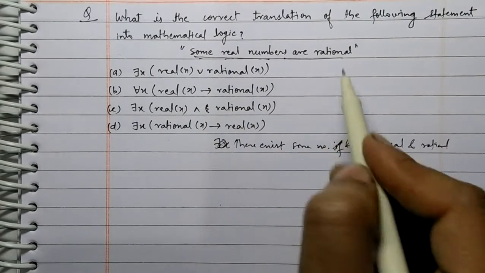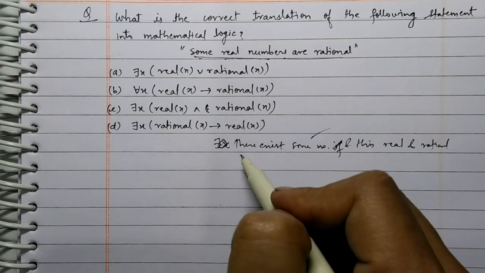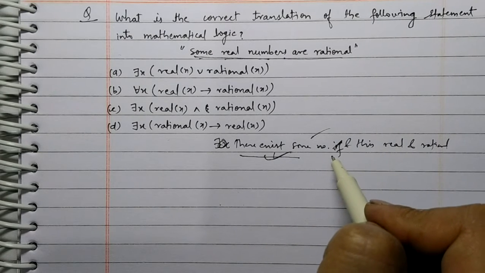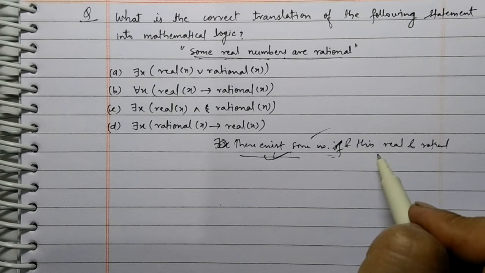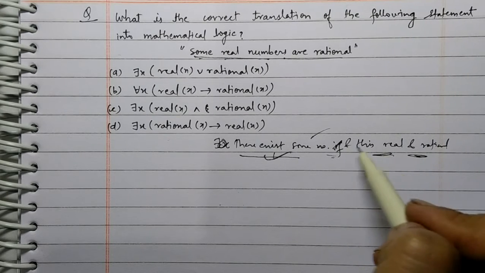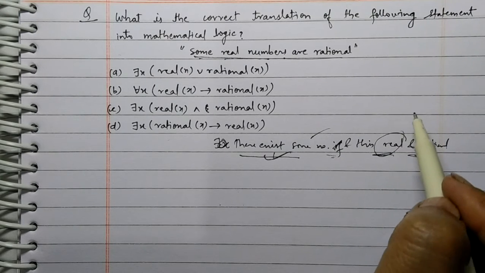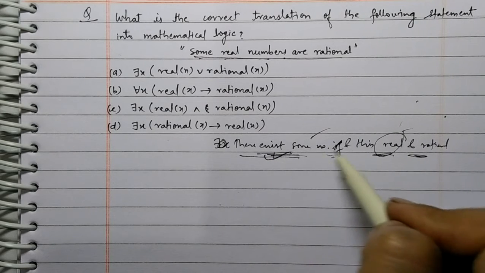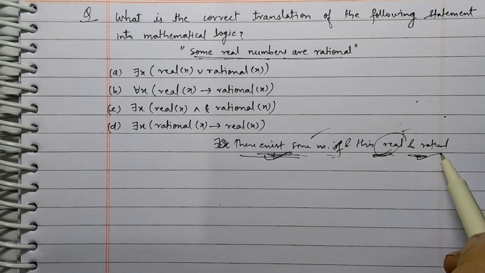This statement can be converted to this statement, means there is some number and this number is real as well as rational, because a real number can be both rational as well as irrational, but there exists some number which is real as well as rational.